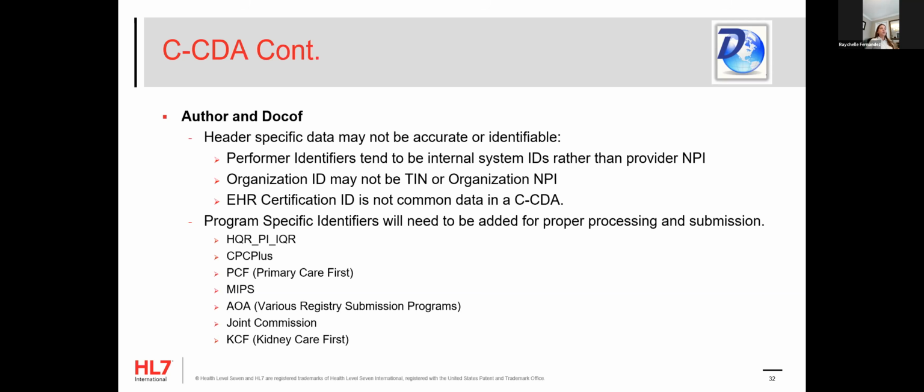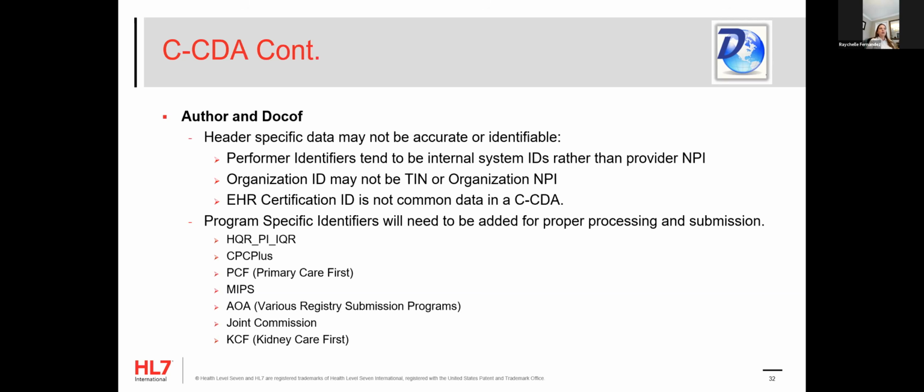And now we have a new part of a CCDA where we have performer, we have author, we have doc.gov, we have data enter. There are so many different sections of that CCDA where you can put things like the organization ID, but it may not be a TIN number. It may just be some random number that the organization has defined for themselves. The NPI for the provider may not be in that document.